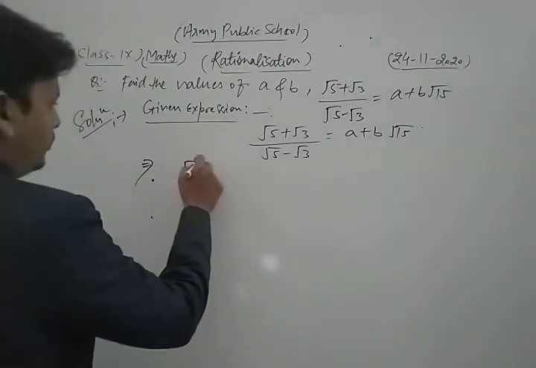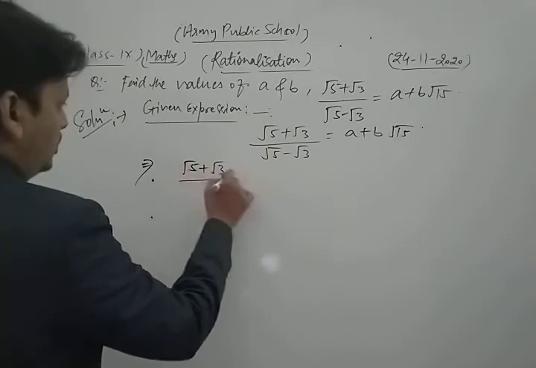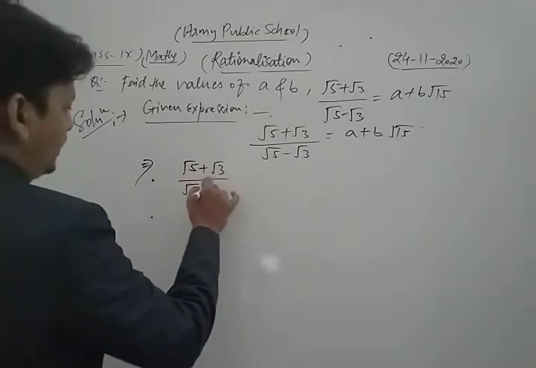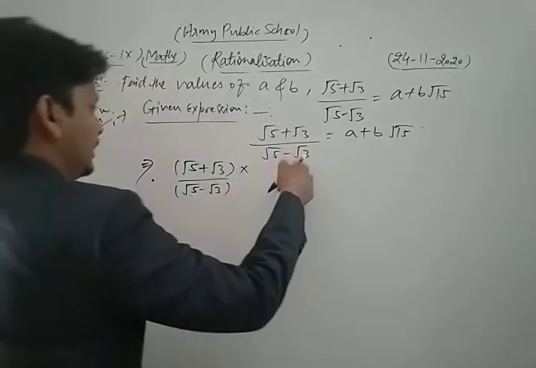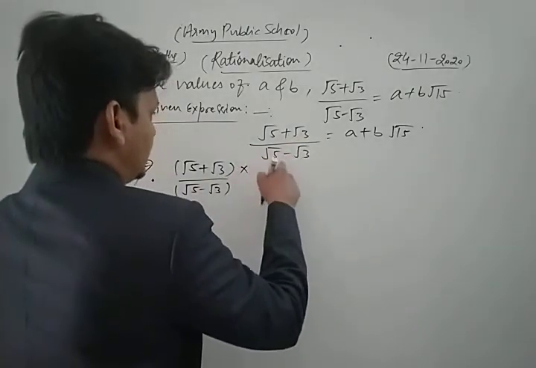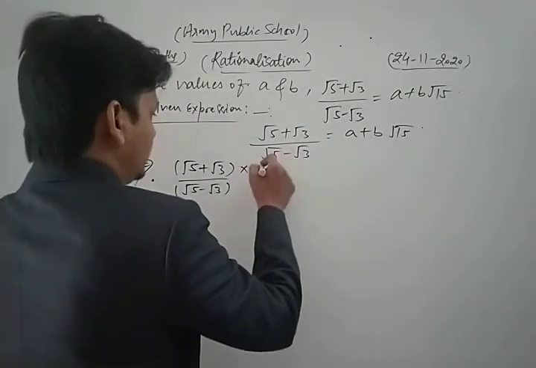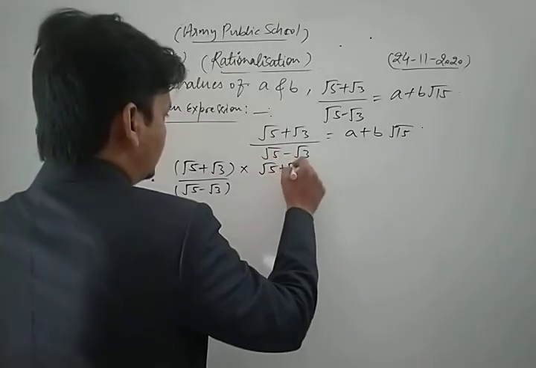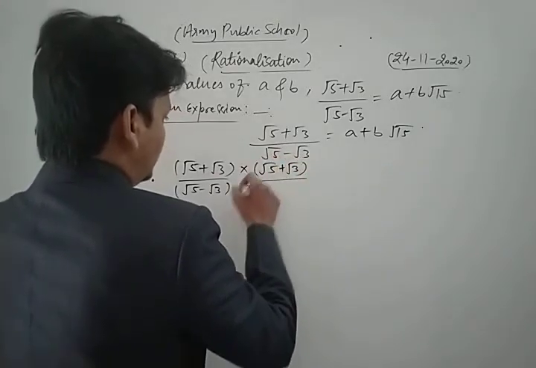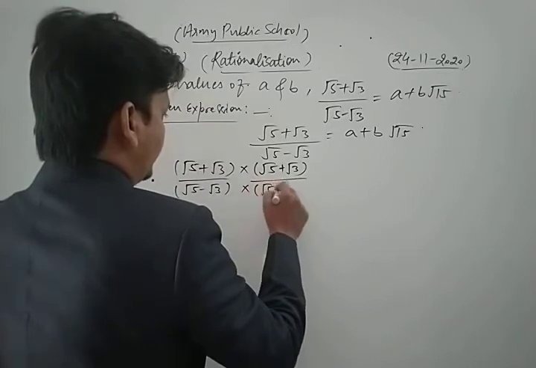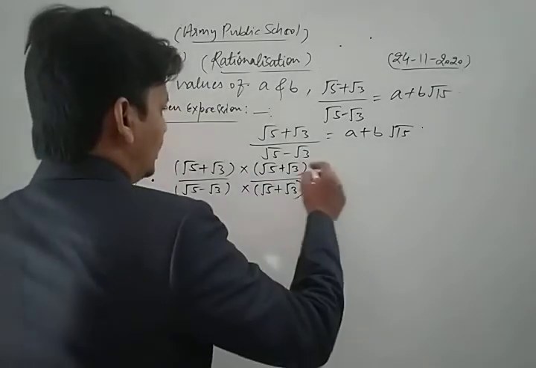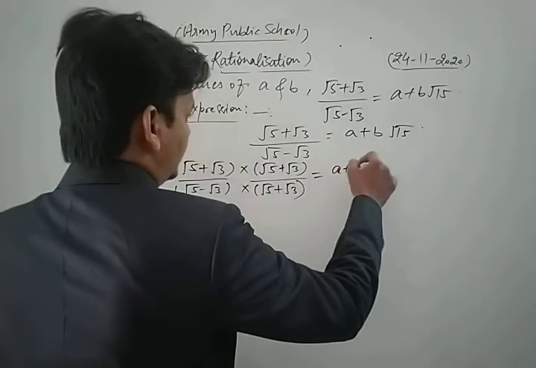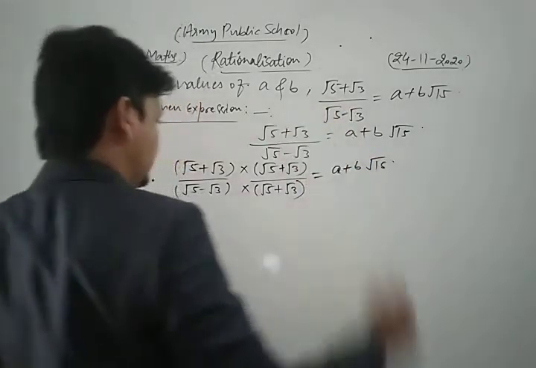Here we write root 5 plus root 3 upon root 5 minus root 3, and we multiply both the numerator and denominator by the conjugate of its denominator. Their conjugate is root 5 plus root 3. So root 5 plus root 3 upon root 5 plus root 3. And we write a plus b root 15 as it is.